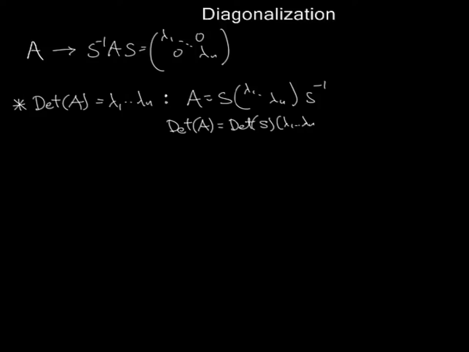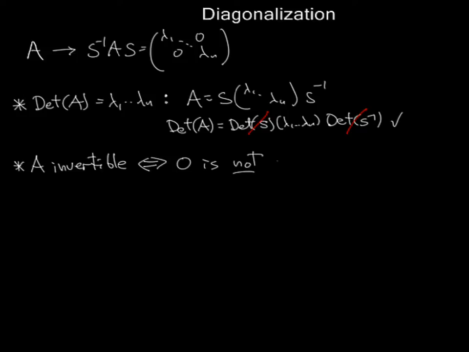When you take the determinant, the determinants of S and S inverse cancel, and you get lambda 1 through lambda n. So replacing a matrix by S inverse A S doesn't change the determinant. In particular, we've talked about this before, A is invertible if and only if 0 is not an eigenvalue. That's an elementary statement.